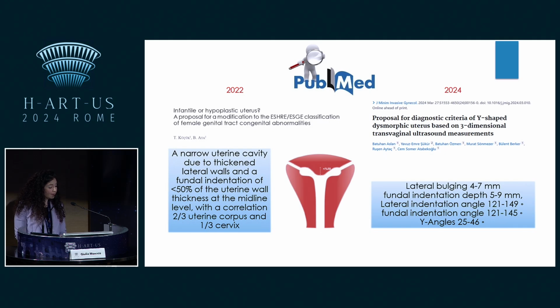And very recently, in March 2024, a proposal for diagnostic criteria of Y-shaped dysmorphic uterus based on 3-dimensional transvaginal ultrasound measurements was published. And these are the measurements that have been proposed.